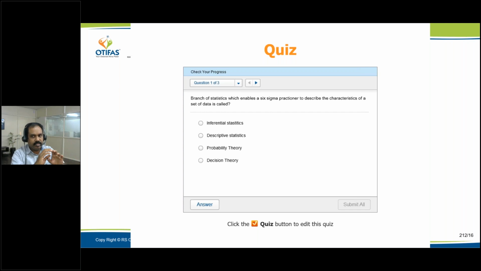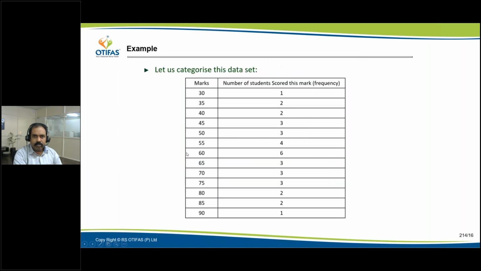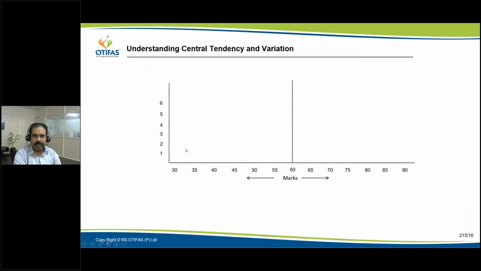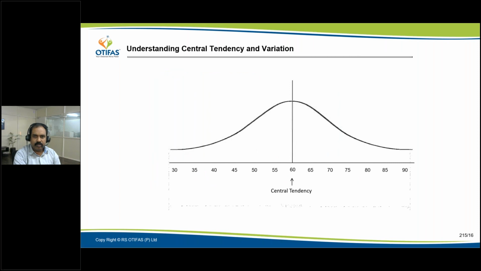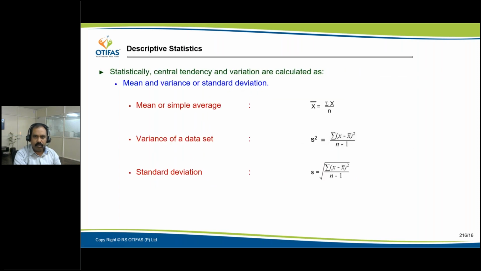I will not tell details about the mean, median, mode, standard deviation and all, because you are aware of that. So this is one example, the same example I have taken. You know how to calculate the mean, median, mode, everything.